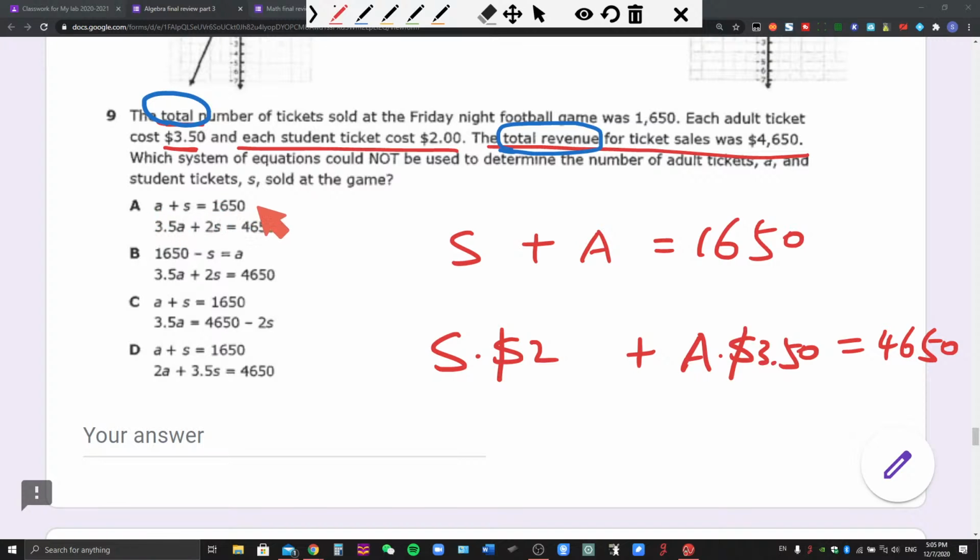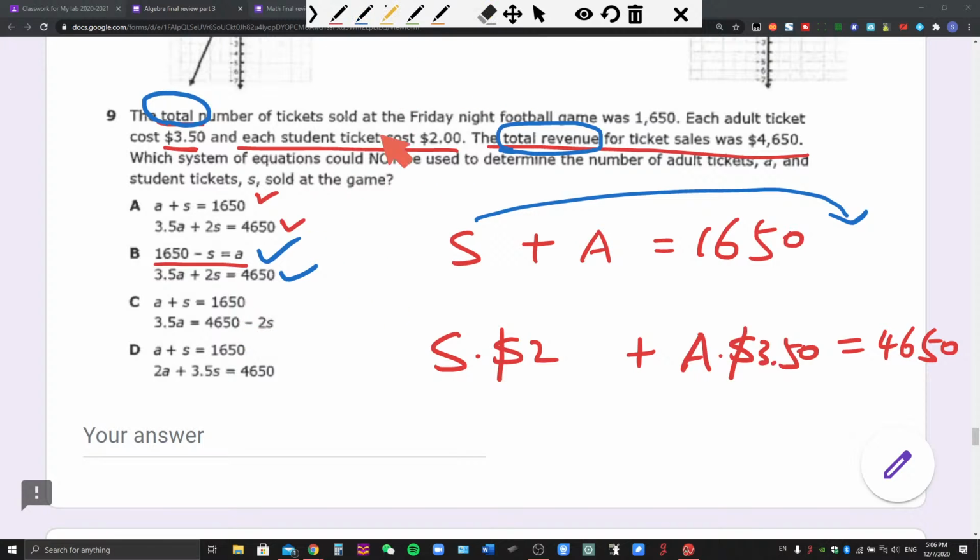A plus S, this is correct. 3.5A plus 2S, yeah, that's right. This is basically moving the S to the other side, then you have A equals that. So this is correct. 3.5A plus 2S, yeah, that's also correct.